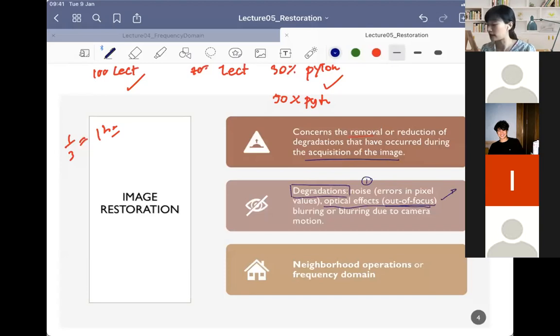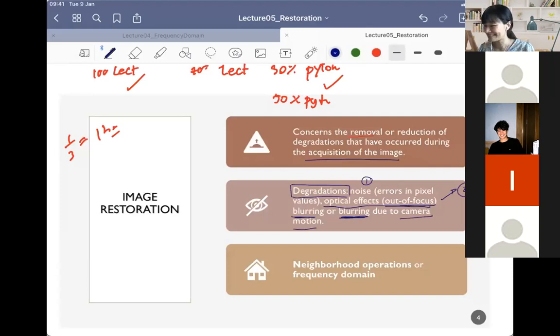That could be a problem as well. Another problem is blurring due to camera motion. Sometimes when you take a photo of moving things, there is certain motion, so it could affect the quality of the image.